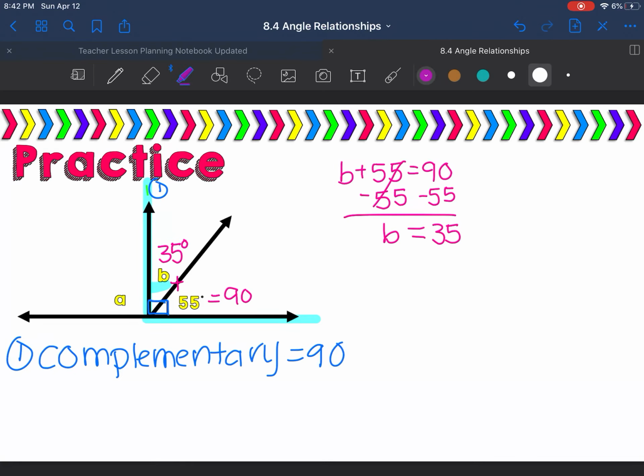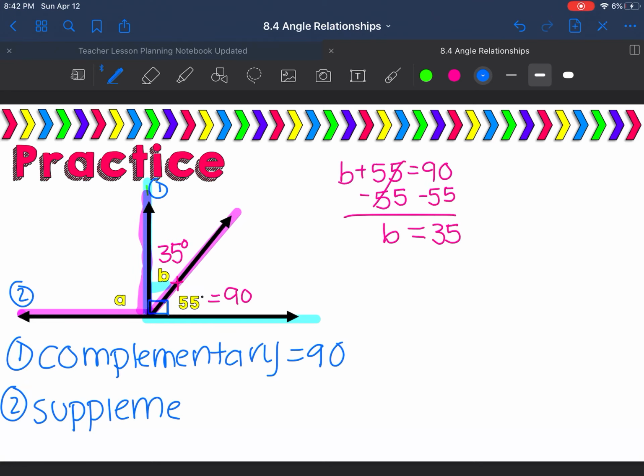Now, I need to figure out what angle A is. Angle A is a big angle. It goes up this way, and its adjacent angle is over here, angle B. So that tells me that my second angle I'm looking for over here is supplementary.